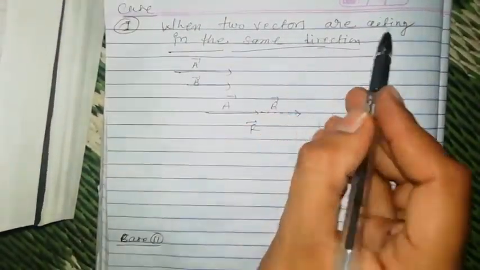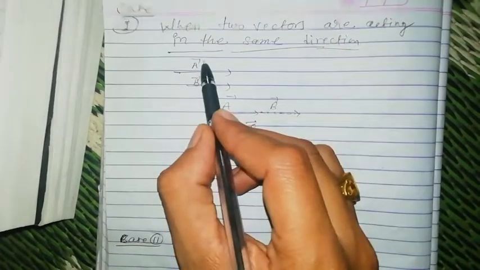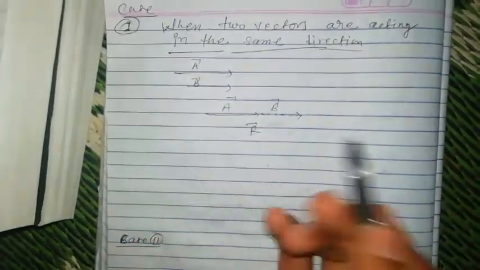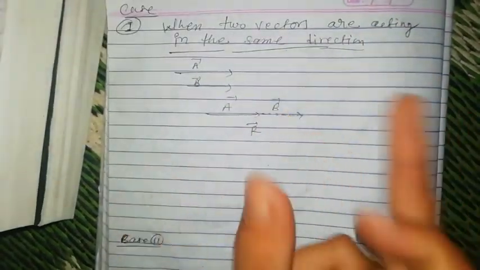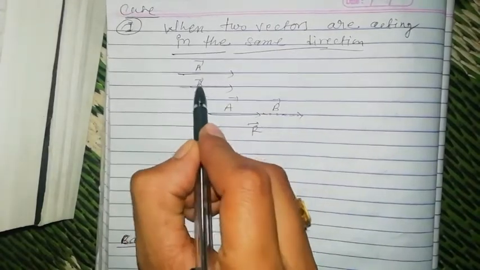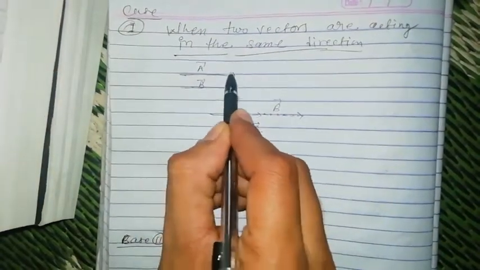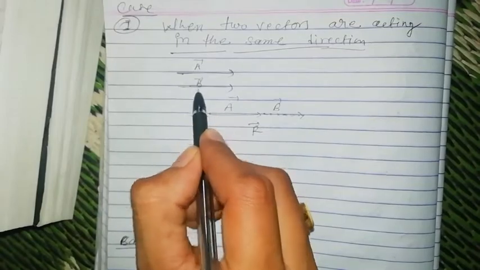In the first case, when two vectors are acting in the same directions. यदि हमारे पास टू वेक्टर्स हैं जो सेम डायरेक्शन पे ही वर्क कर रहे हैं, vector A and vector B are in the same directions.